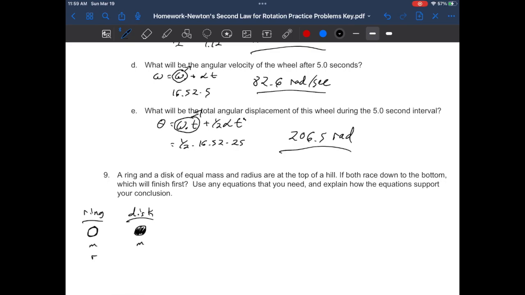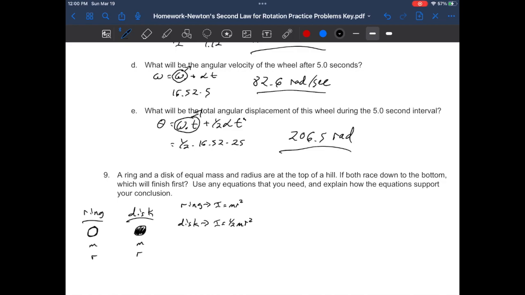They have the same radius, so they'll both have a radius of r. Now, the difference between them that we've been learning so far is the rotational inertia and how you calculate that. The ring's rotational inertia is I equals mr squared. For the disk, the rotational inertia would be I equals 1/2 mr squared.